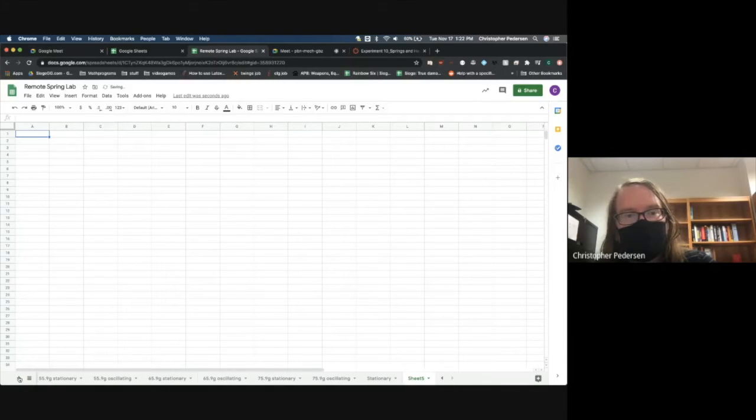Now we'll make a new sheet for the oscillating. So for this, we want omega, which is in radians per second. Oh, I didn't mean for that to be capitalized. And we want m in kilograms.